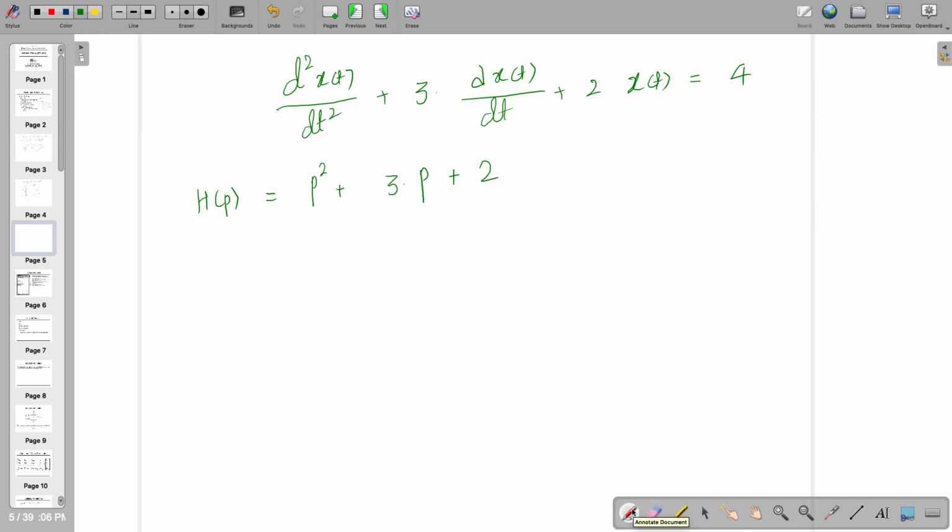So you can find the roots, which are P plus 2 and P plus 1. For these two roots, you get C1 times e raised to minus 2t plus C2 times e raised to minus t, and you can find C1, C2 in terms of the final condition I0 plus, and substitute here, right?